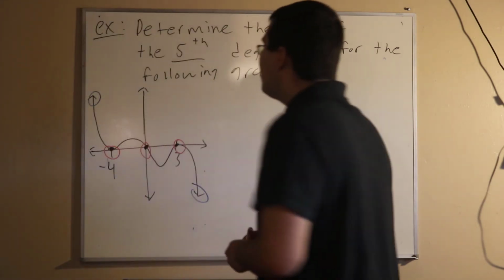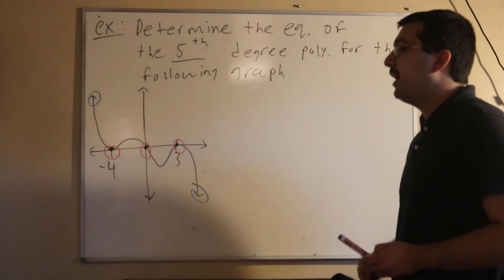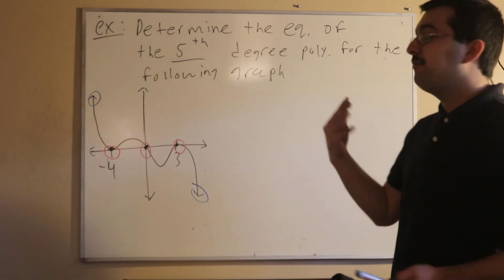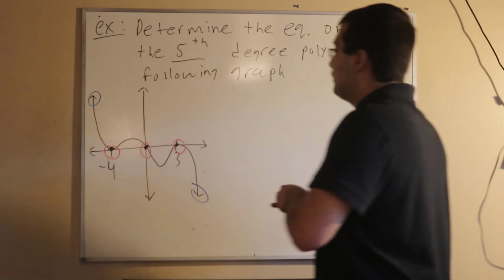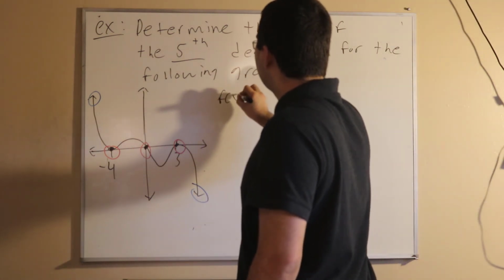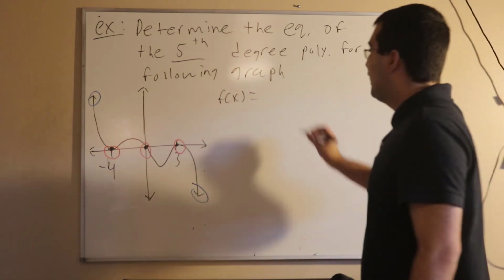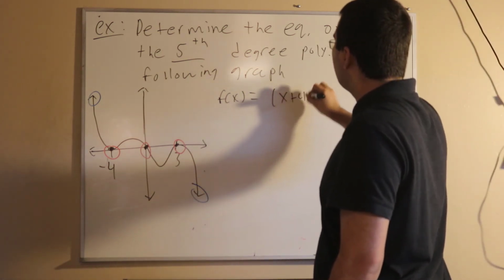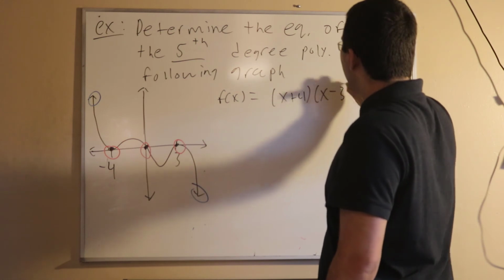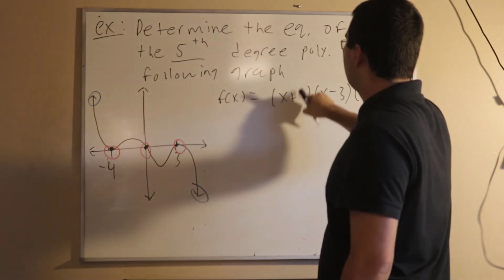So what this gives us is that we now understand the three factors of our fifth degree polynomial. Whatever function we're going to create must have these three factors: x plus 4, x minus 3, and x.